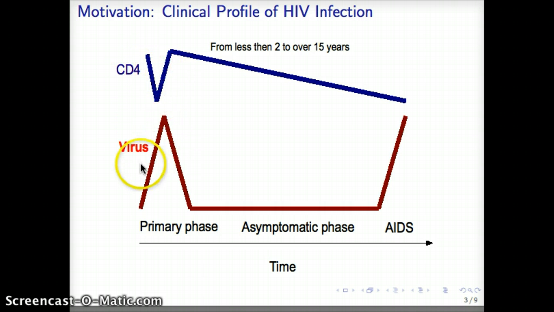For a patient that is HIV positive, these are typical measurements. Remember, look at this graphic as a function of time on the horizontal axis, and what we're seeing here in two different colors are measurements of the viral load, or the amount of virus, at each time point, right?